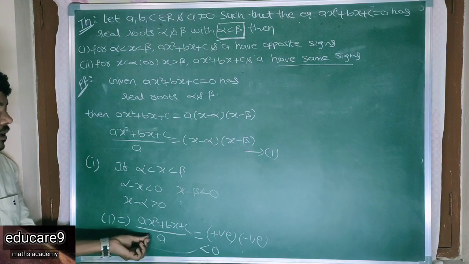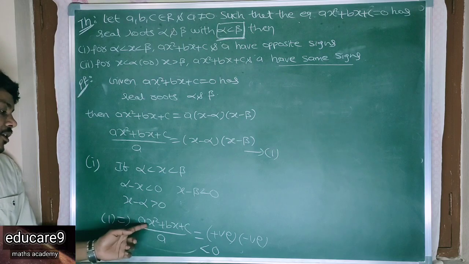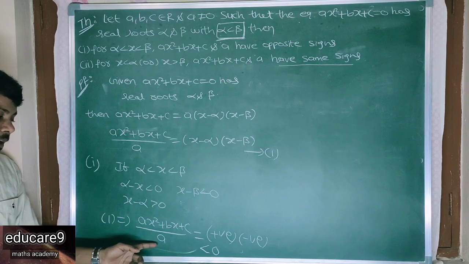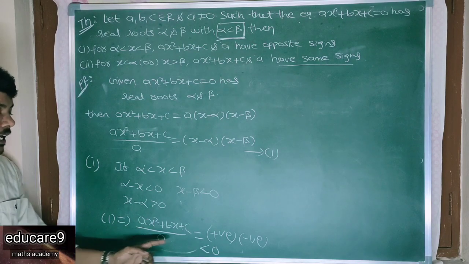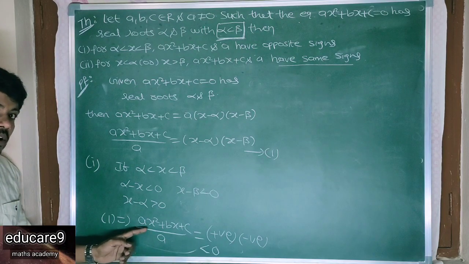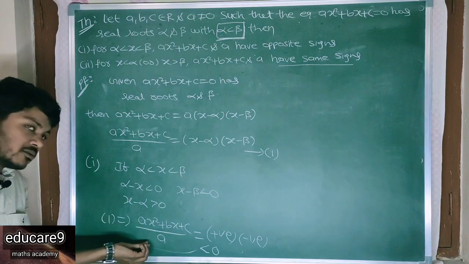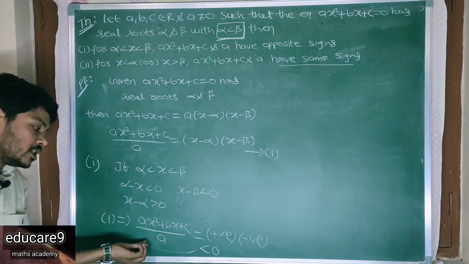Whenever this is less than 0, there are two conditions: numerator is positive, denominator is negative, so positive by negative is negative. Or numerator is negative, denominator is positive, in that case also negative. So if this is positive, this is negative, or this is negative, this is positive.